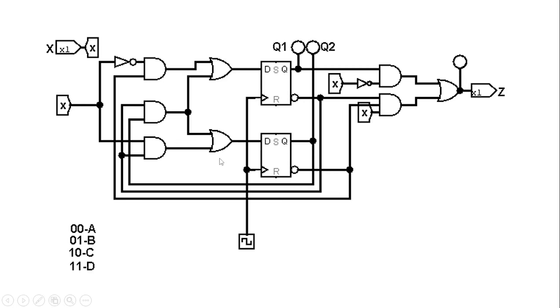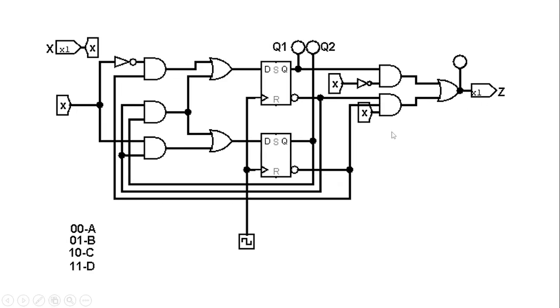This combinational logic takes the present outputs and also the present inputs and drives the excitation inputs, in the sense the D inputs of the flip-flops, and decides what will be the next state. At the same time, the present outputs of the flip-flops and the inputs are used to generate the output.